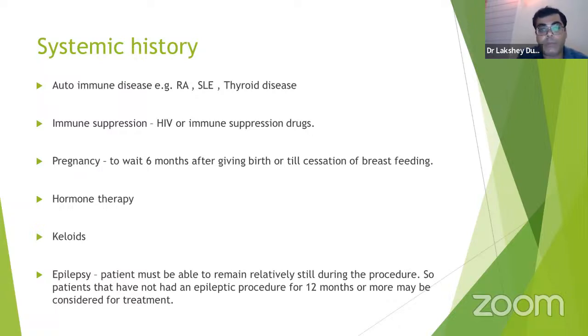Any hormone therapy, history of keloids, history of epilepsy: the last seizure episode should be at least 12 months before we consider treatment, because the patient needs to lie down stably for the procedure.